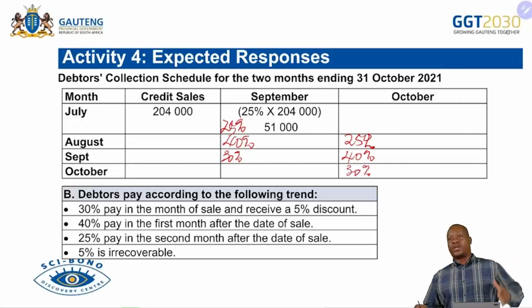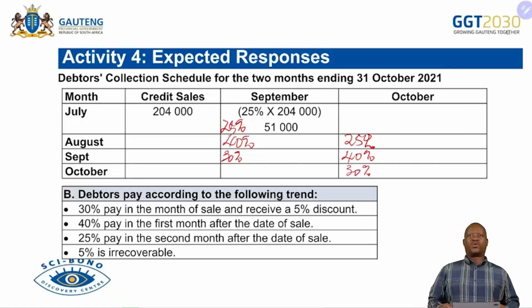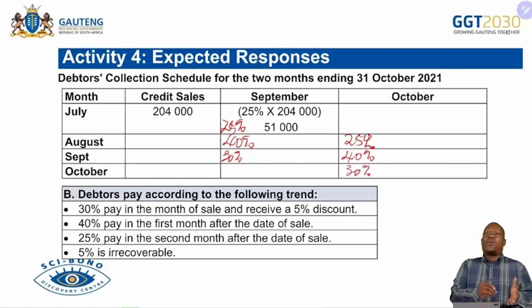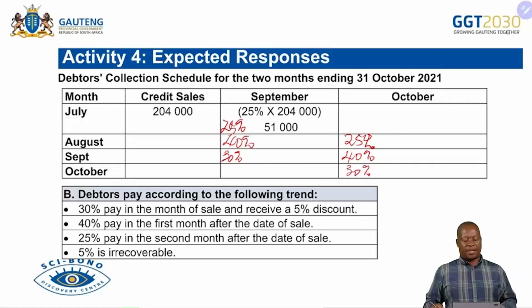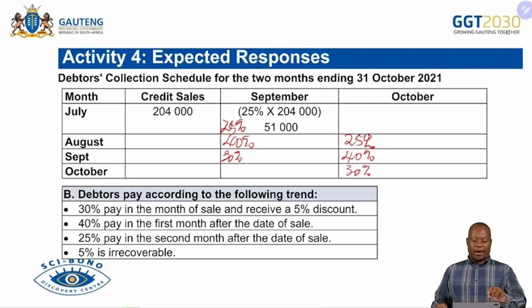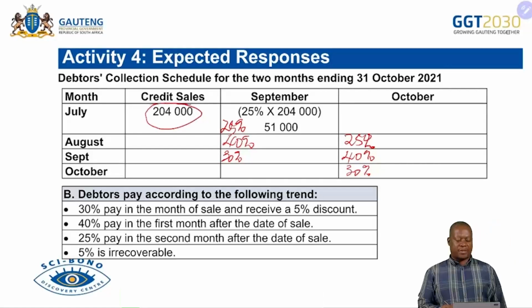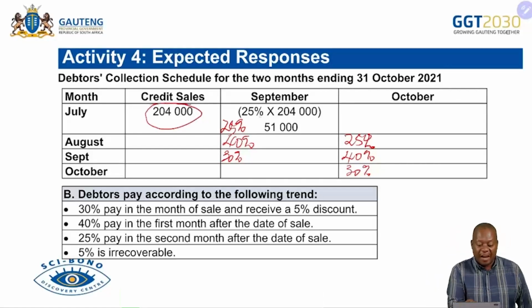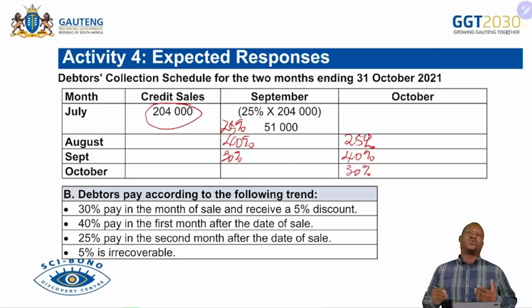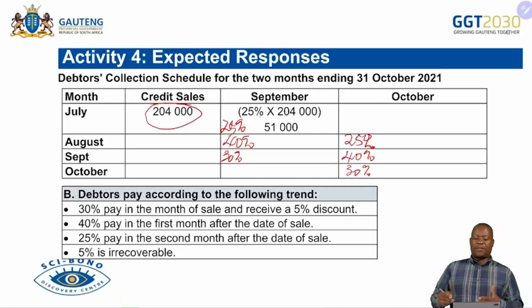So what do you need now? Credit sales. Remember, they already told you that a certain percentage is cash, another percentage is credit. So given our sales, we can now find our credit sales. When it comes to July, the credit sales are already given, 204,000. So we are finding 25% of that, and it gives us 51,000.